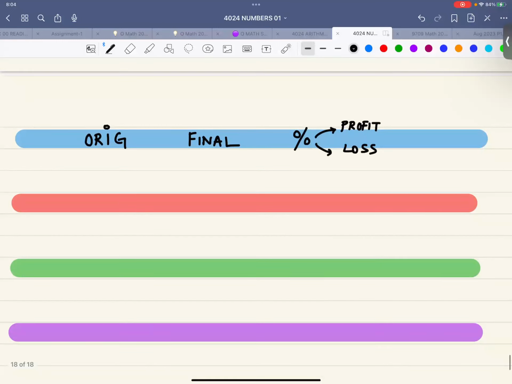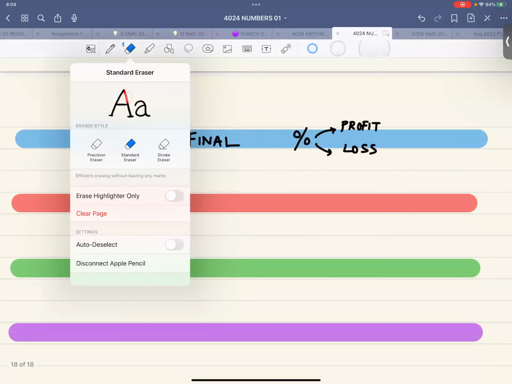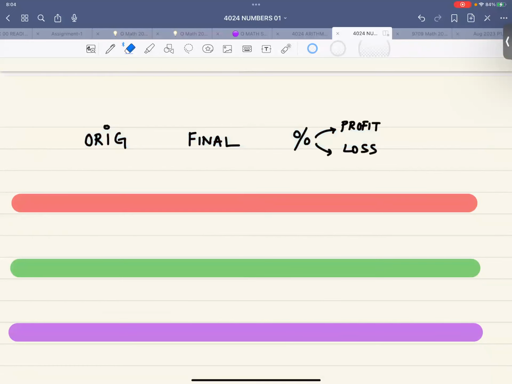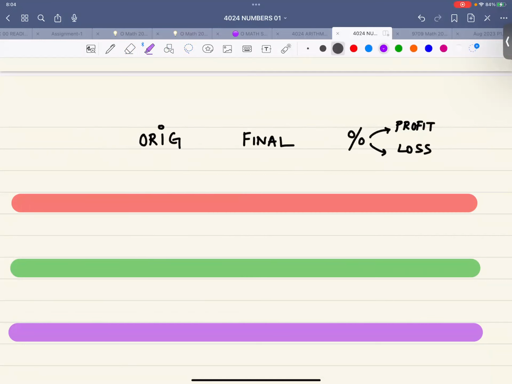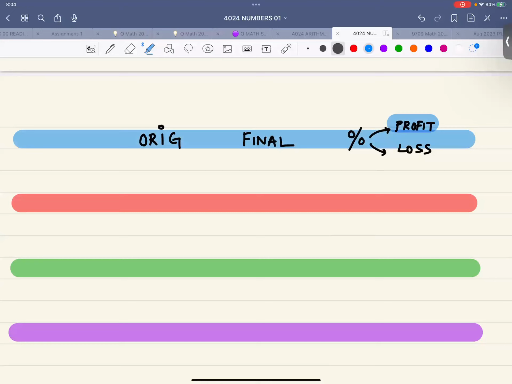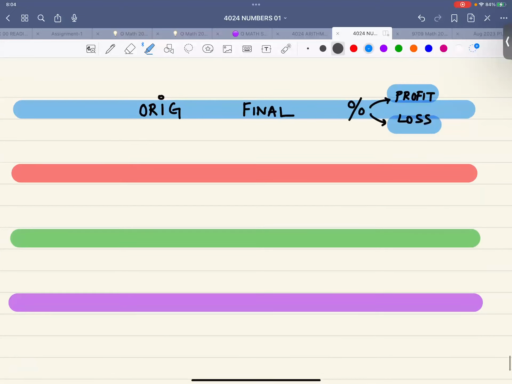Now, what is case number 1? Let me first of all delete the line over here. Let me push it to the corner. This is the summary. And then profit and then loss.